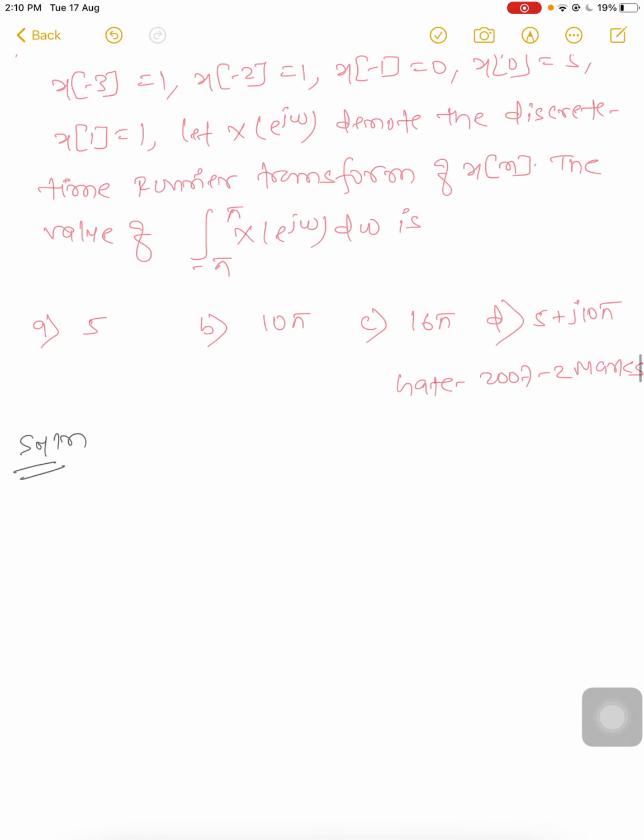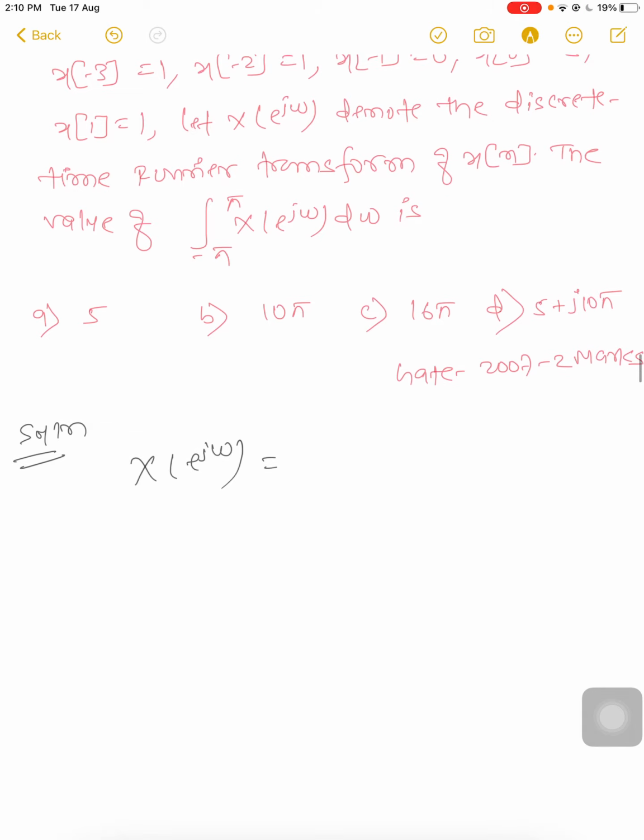First, find out the Fourier transform of x[n].